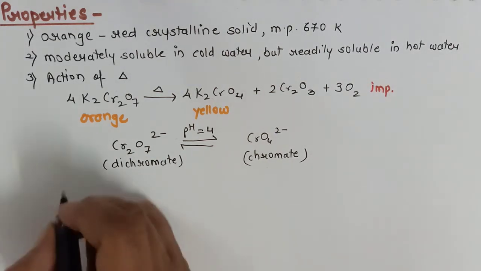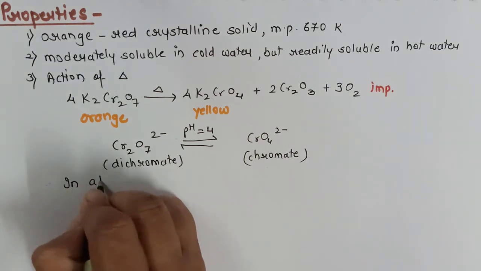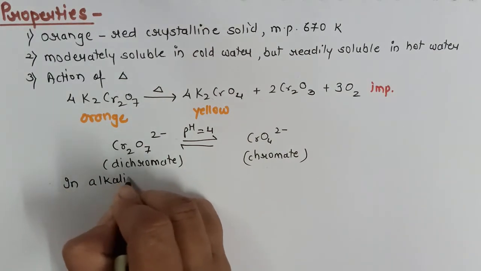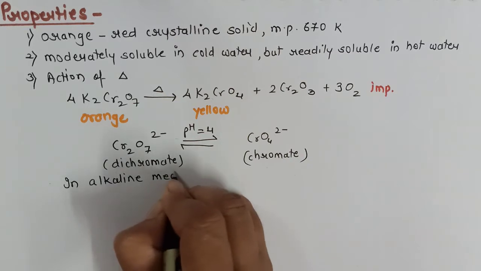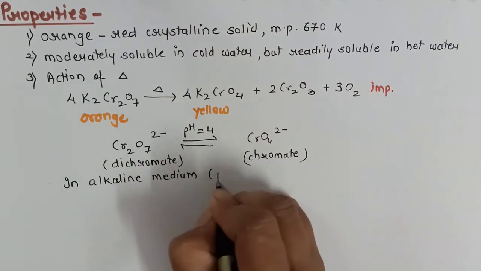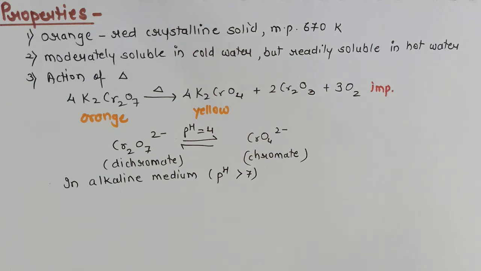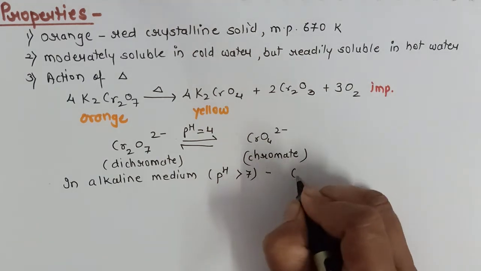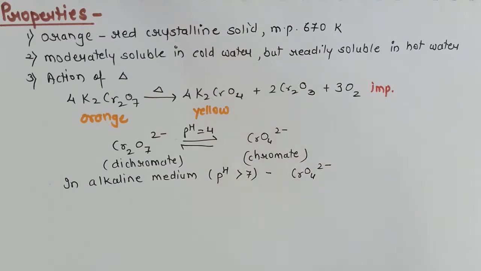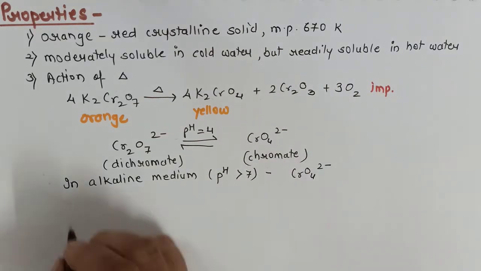For example, if the medium is alkaline, that means if the pH is greater than 7, or if I add any strong basic solution to this, then CrO4 2-, the yellow colored species, will exist.